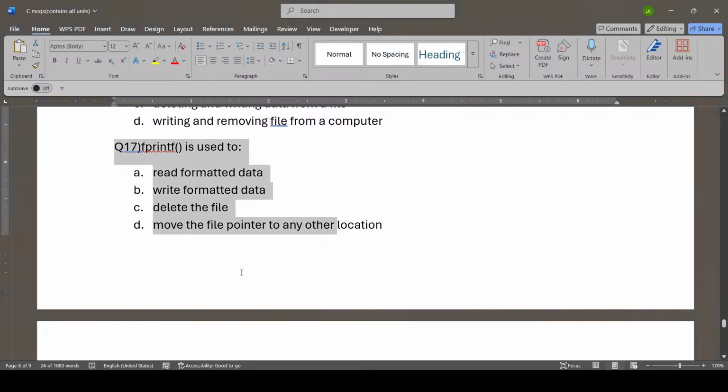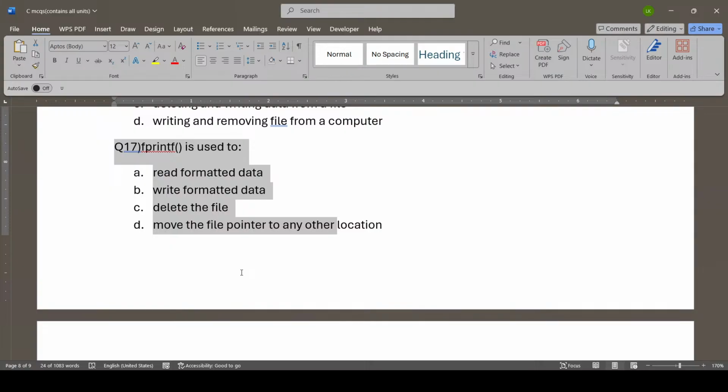So question number 17, when we talk about fprintf, f is file, then fprintf is used to write the formatted data.